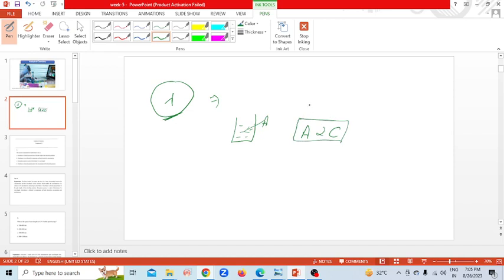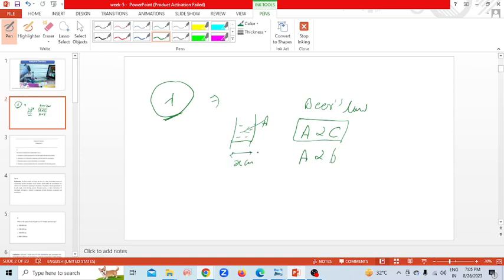This is also called Beer's law, which we have already discussed. A is also proportional to B, the thickness of this vial, suppose a few centimeters, x centimeter.